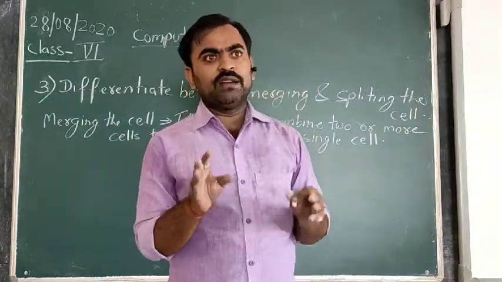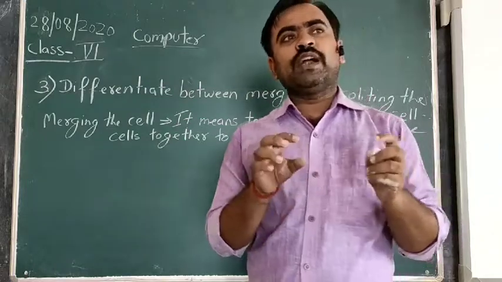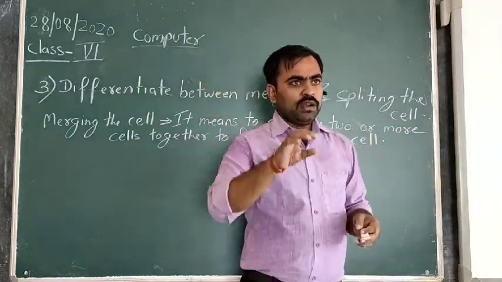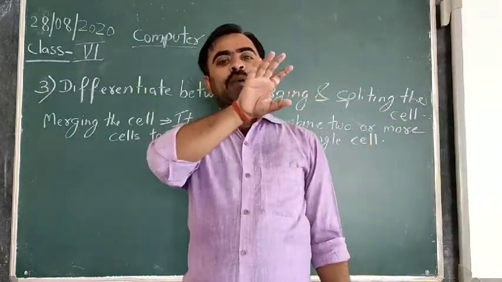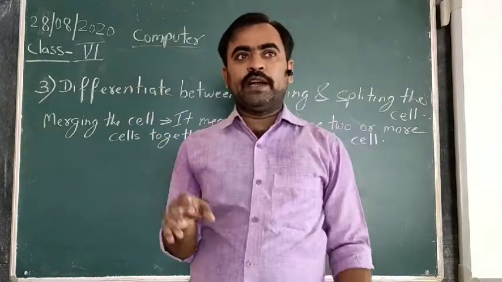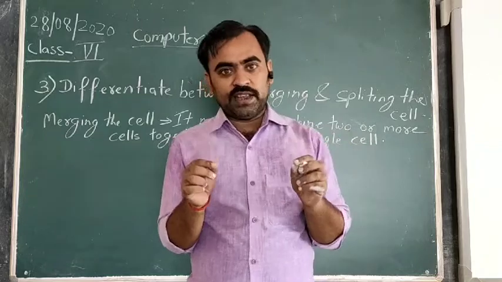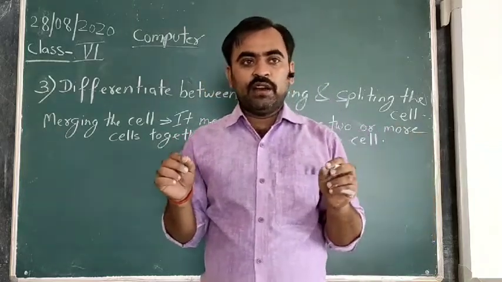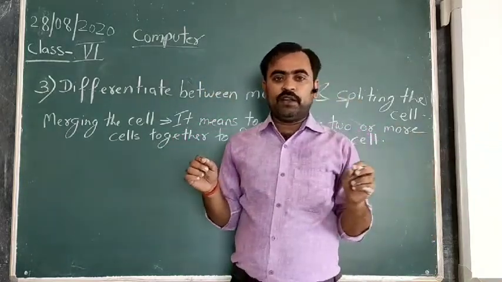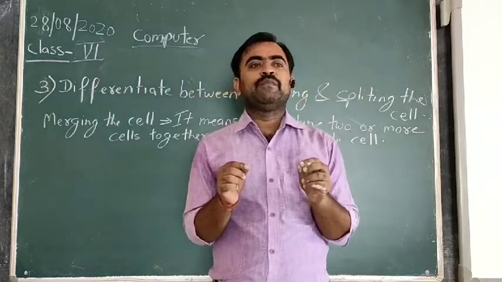So why is it required? Suppose you have to write any data, like suppose you want to type the heading of the table, and the space provided within the cell is not sufficient enough to display the complete heading of the table within a single cell.